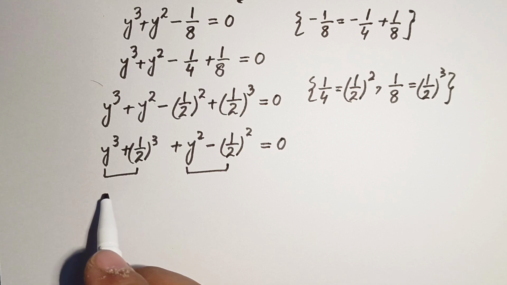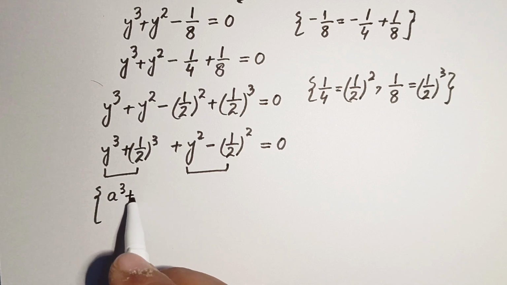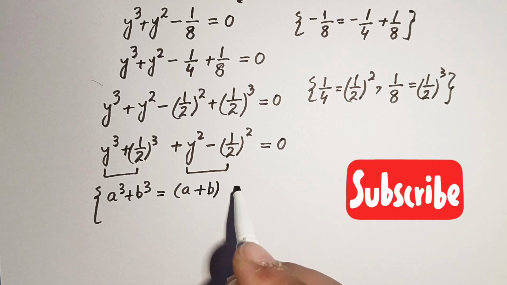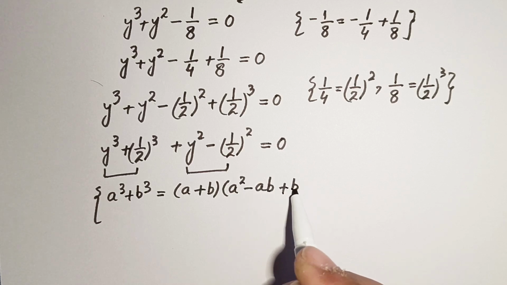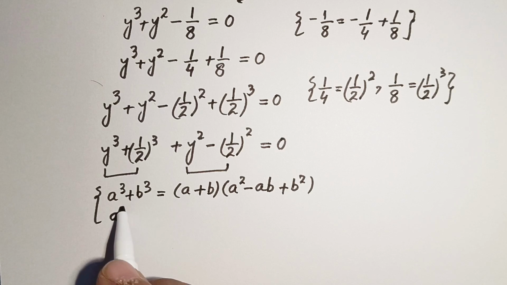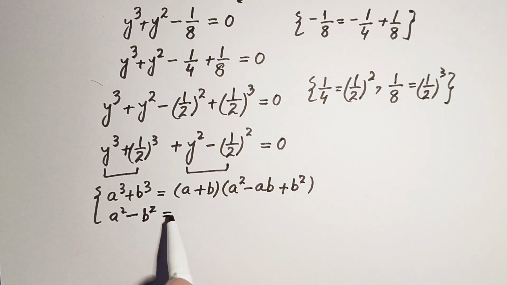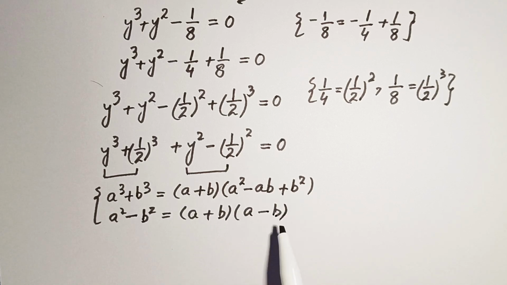We use two formulas: a cubed plus b cubed is equal to a plus b times a squared minus a times b plus b squared, and similarly a squared minus b squared is equal to a plus b times a minus b.